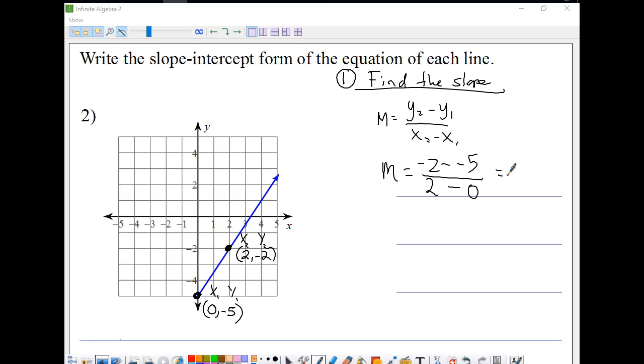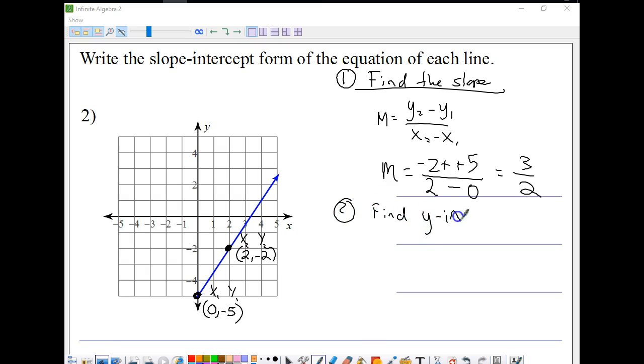I agree. There you go. So there's our slope. All right, so I finished step 1, Alicia. What's next? Find that y-intercept.